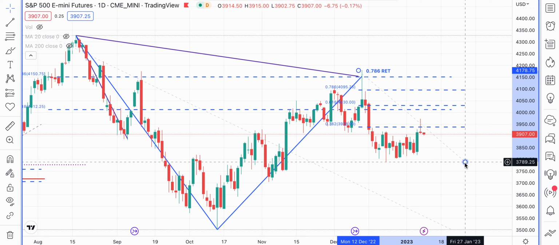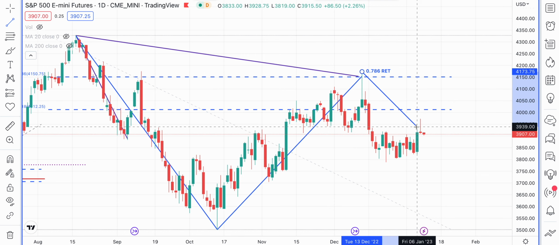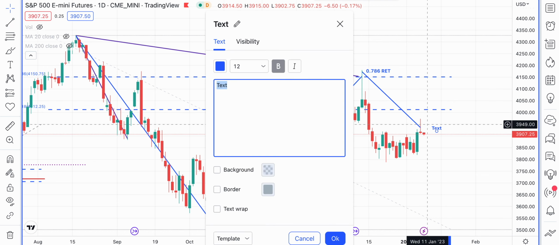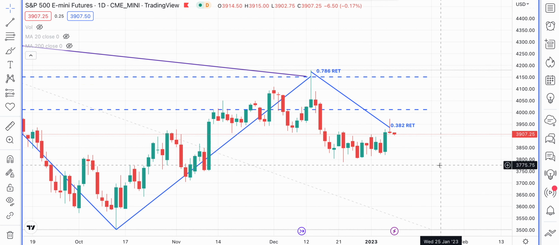So I'm just going to remove this and just have this here and put the retracement as a reminder of what it was. Okay, so the other thing is I'm just going to blow up this chart a little bit.